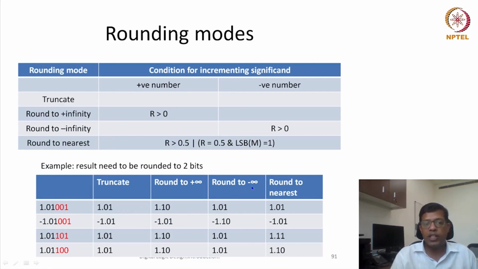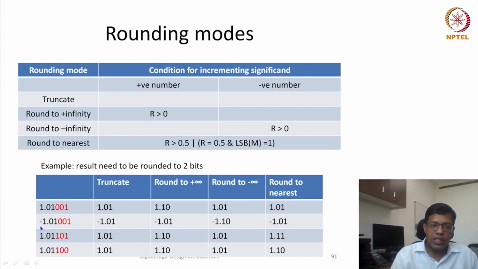Round towards minus infinity. In minus infinity, because we can see from this table, or we can simply see that if I want to round towards minus infinity, because I want the final number to be closer to minus infinity, that's why I will leave this residue, I will not do anything. In case of round to nearest, because this residue is lesser than 0.5, it is discarded, nothing is added to my significant.